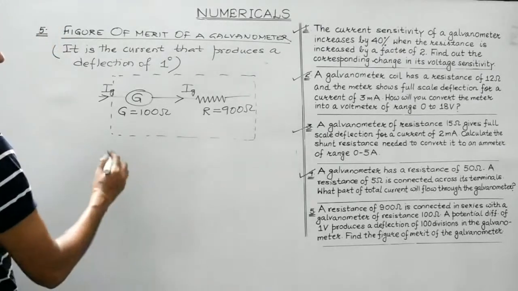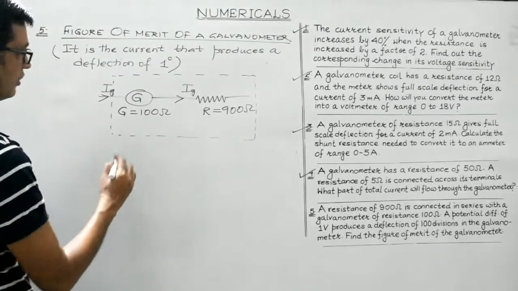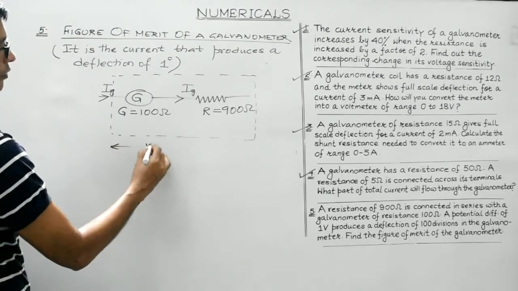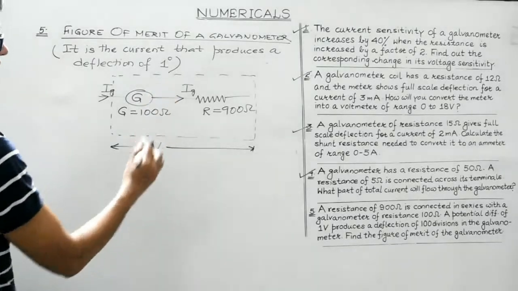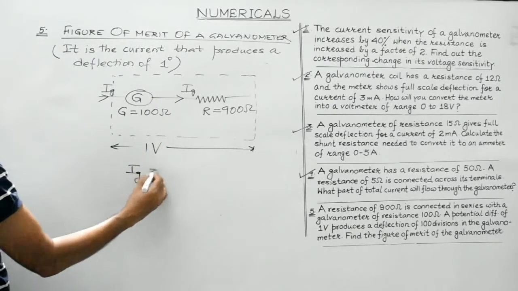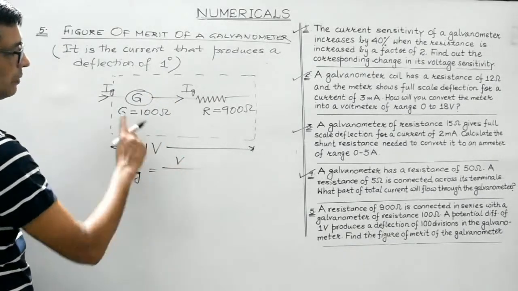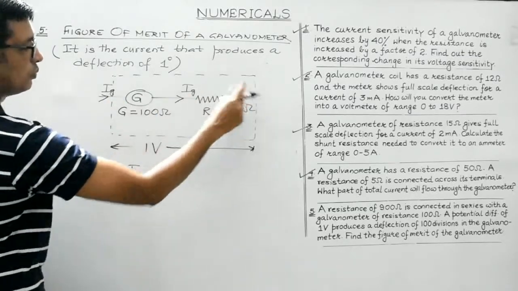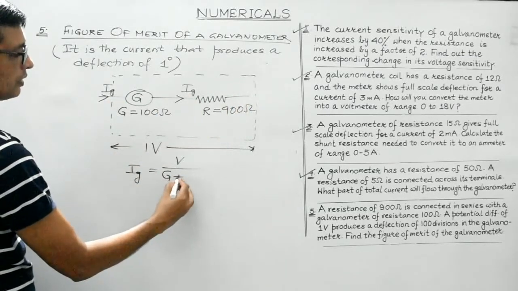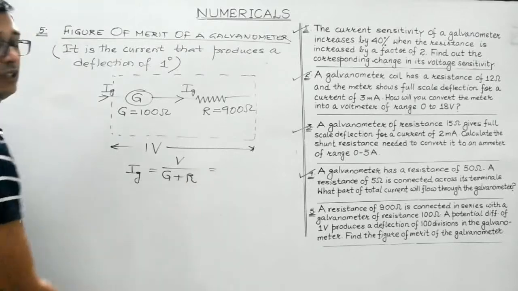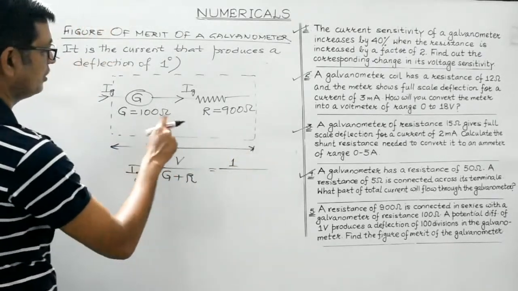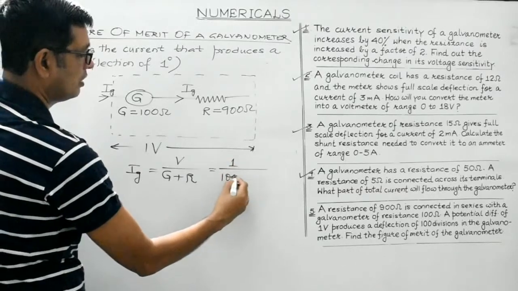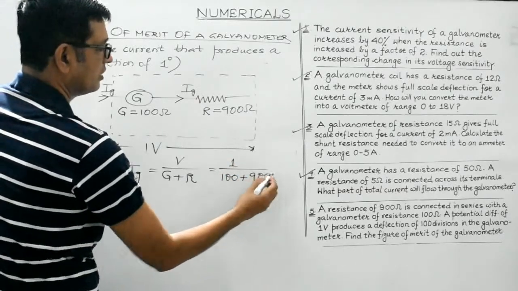Okay, it produces a deflection of 100 divisions for 1 volt. So students, current would be equal to V divided by the net resistance between these 2 points, which is G plus R. These two are in series. So V is 1 divided by G is 100, R is 900.